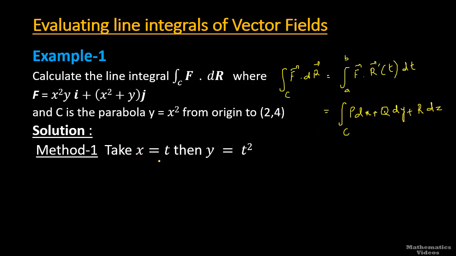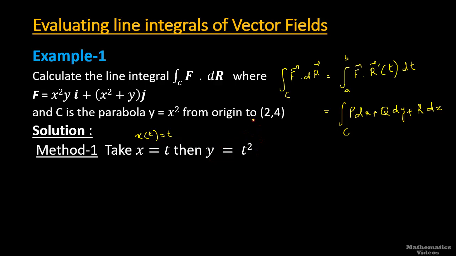We will take x as the parameter, so it means that x in terms of t is equal to t, and from the equation of the curve y is equal to x squared, so y in terms of t becomes t squared, since x in terms of t is just equal to t.